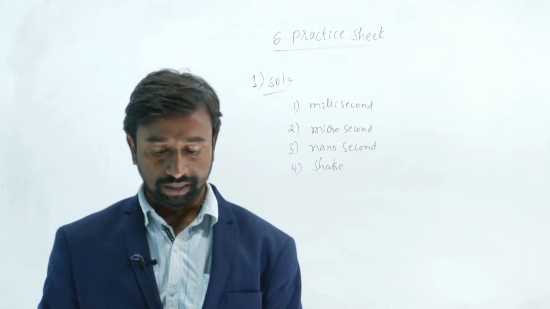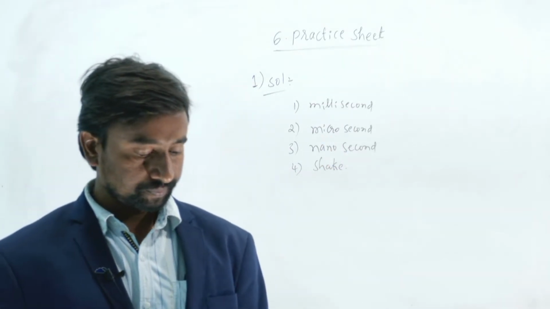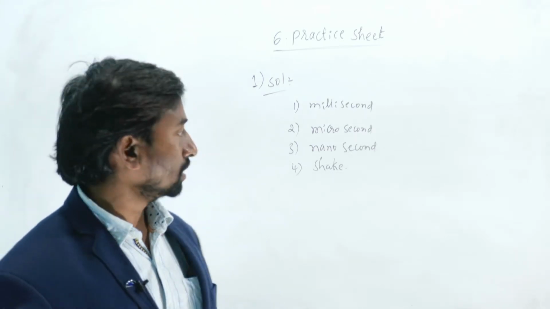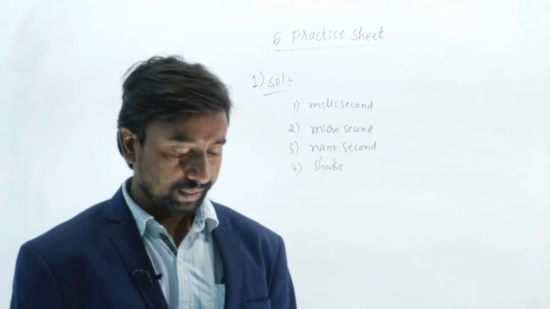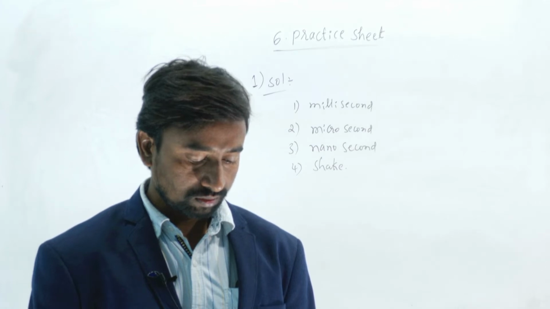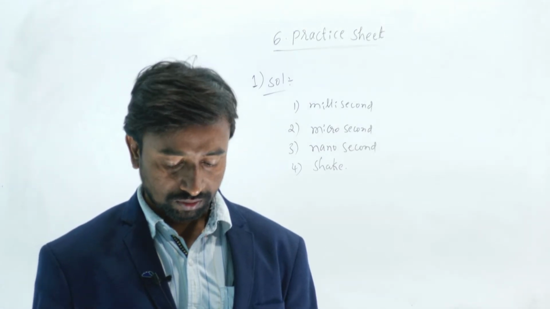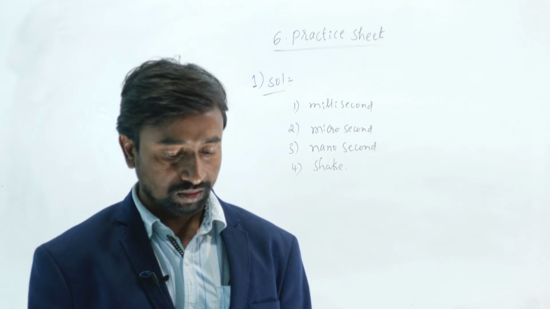From these, what will be the smallest unit of time? These are all units of time, so we can convert them. Among all the units, which one is the smallest? They are asking.